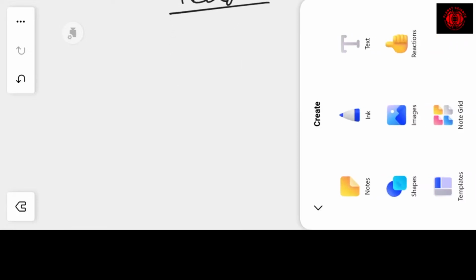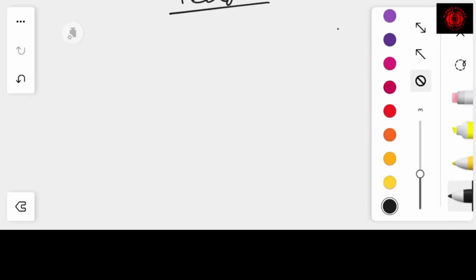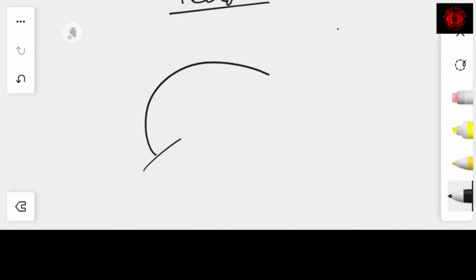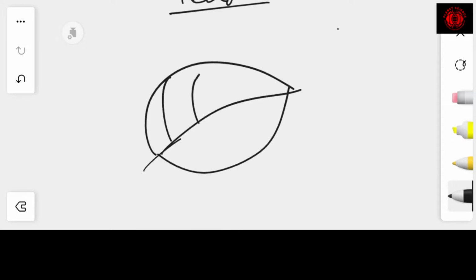When I draw that leaf, we can simply draw the plant leaf like that.